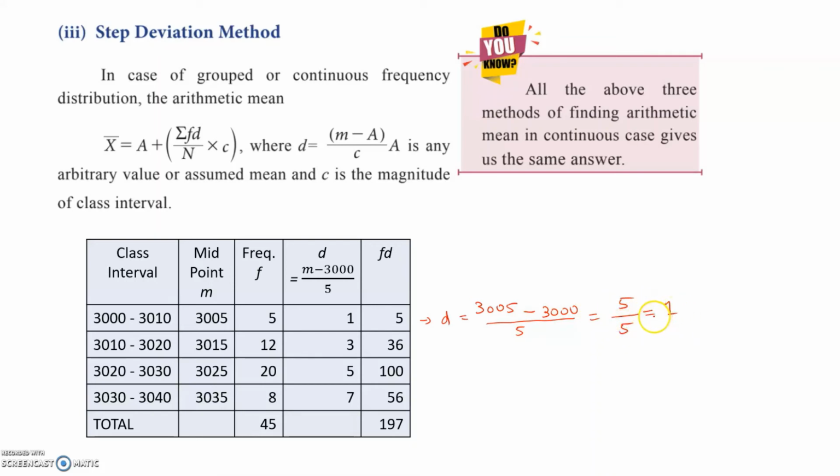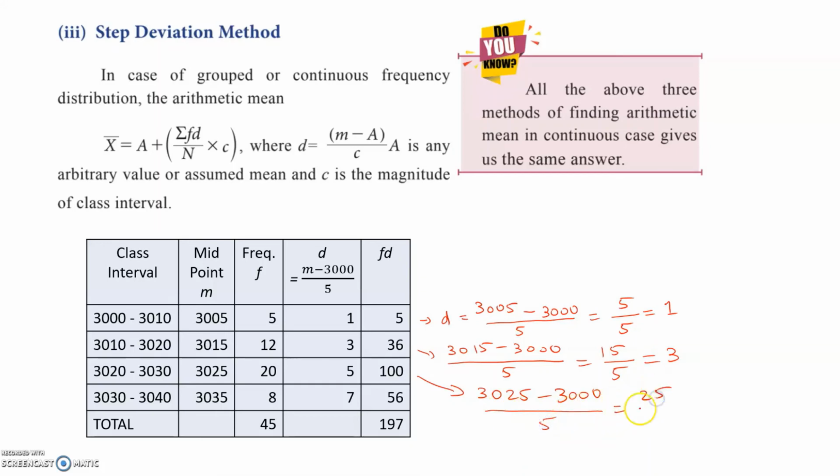So I got 1. In the second case, it was 3015 minus 3000 divided by 5, which would be 15 over 5, and that's equal to 3. Then in the third case, it is 3025 minus 3000 divided by 5, that is 25 by 5, that is 5.